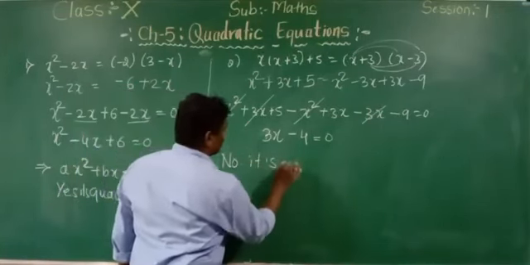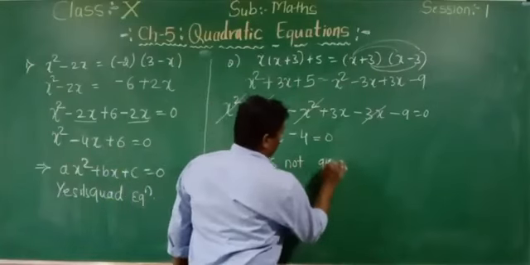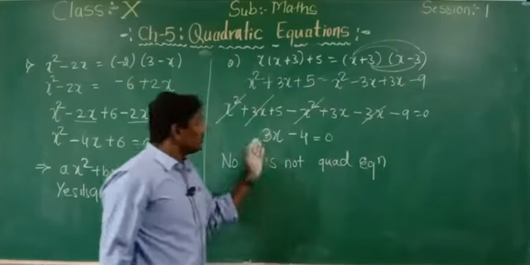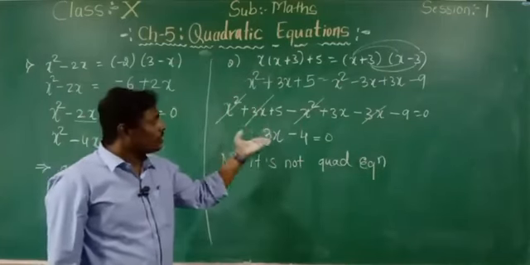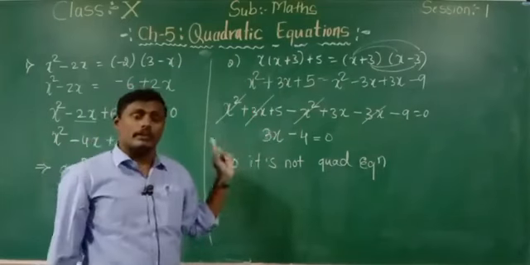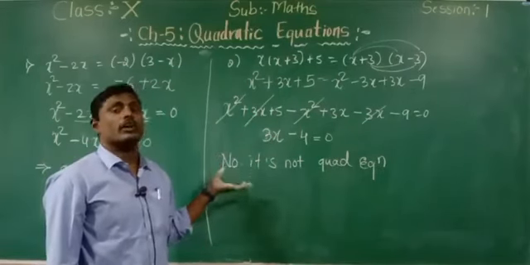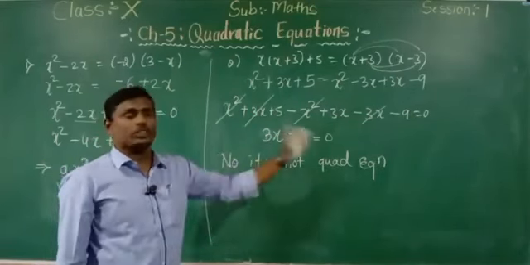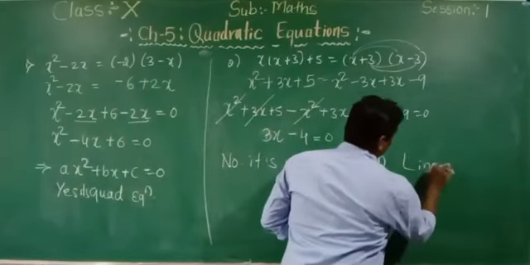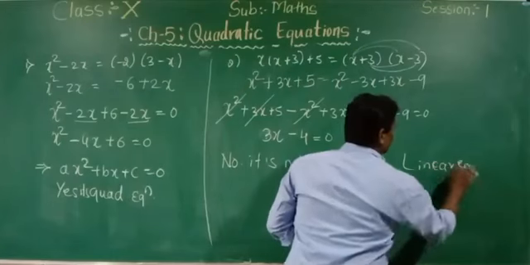Why? Because the highest exponential power is 1. If the highest exponential power is 1, what are we considering? It's a linear equation, right?